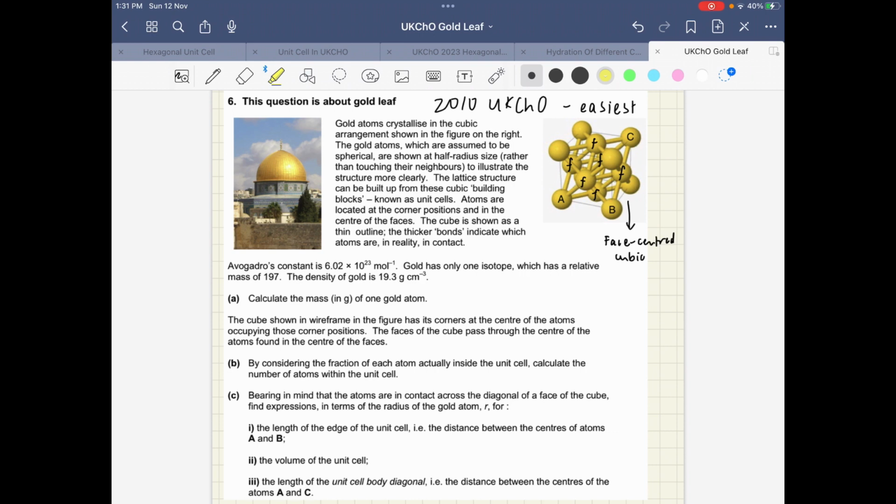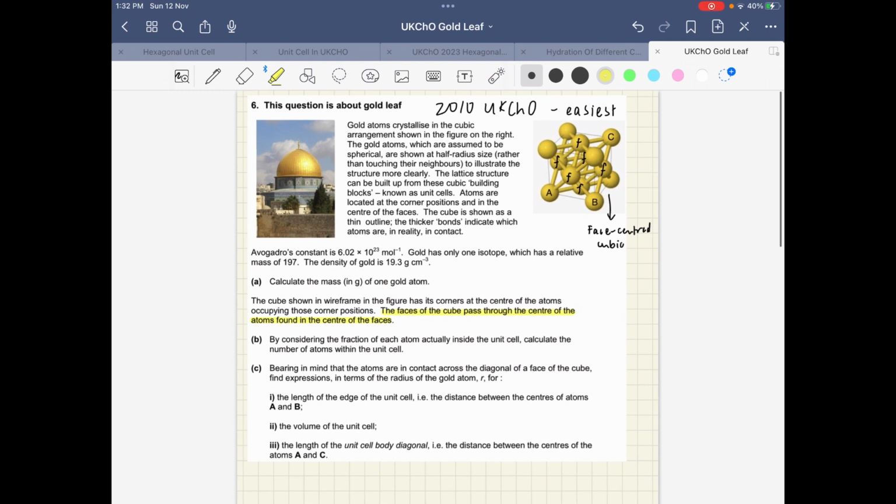This is also mentioned in the later part of the question, which is here. The faces of the cubes pass through the center of the atoms found in the center of the faces. So it's very good if you can be calm and analyze the information given in the question first, because most likely in the UK Chemistry Olympiad you will encounter something that you have not learned before.